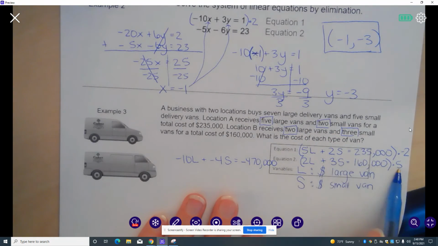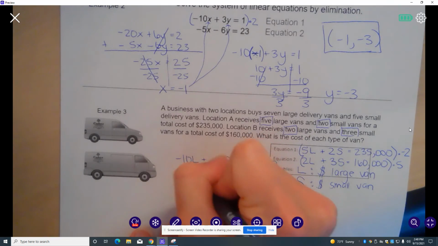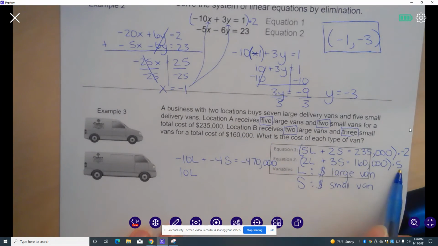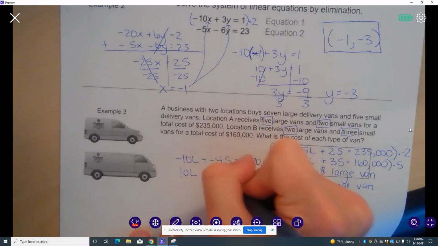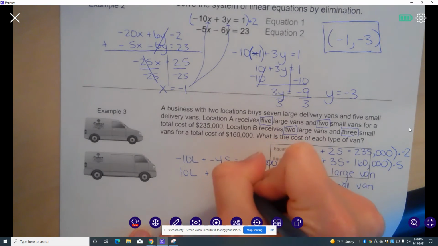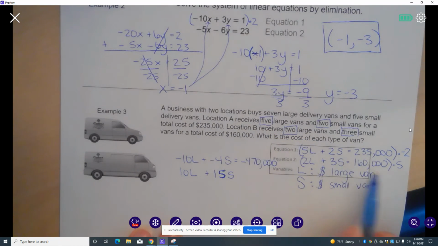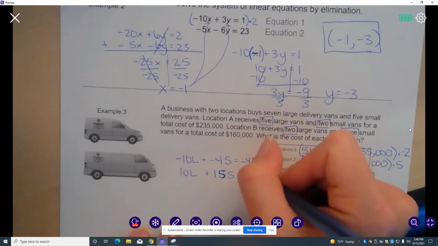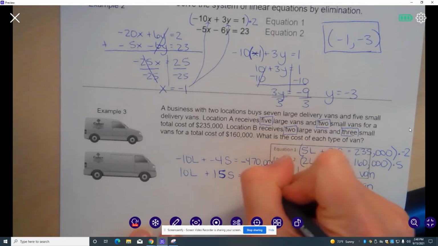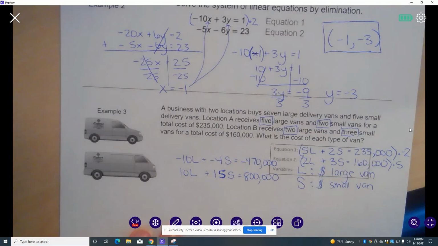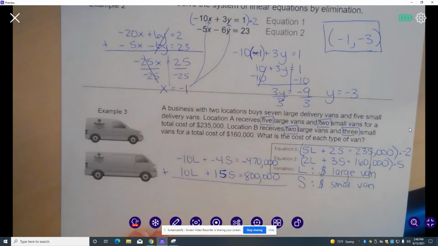Now I'm going to multiply my bottom equation. 2L times 5 is 10L. 3S times 5 is 15S. And 160,000 times 5 is 800,000. Ready to add my equations.